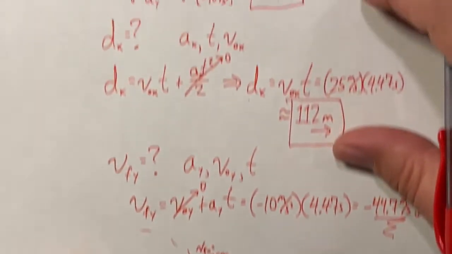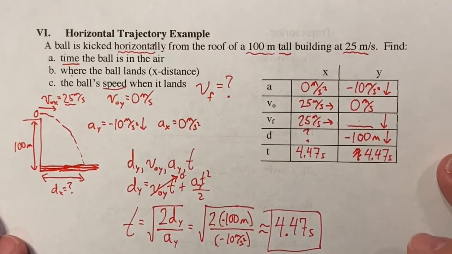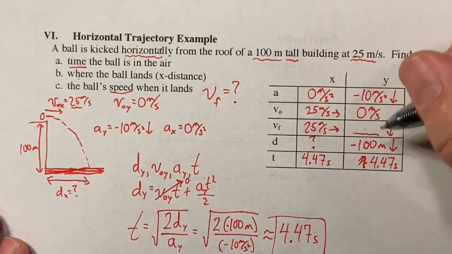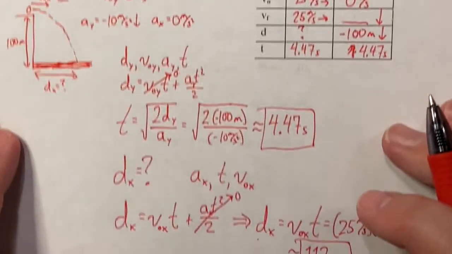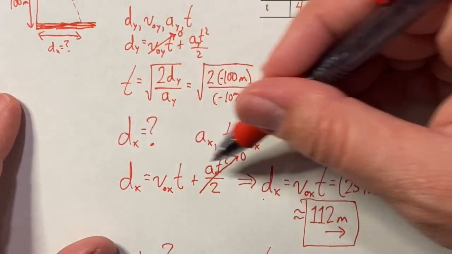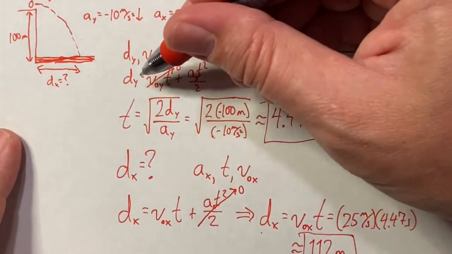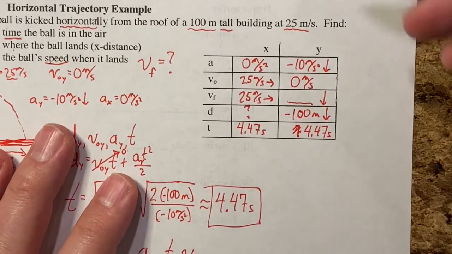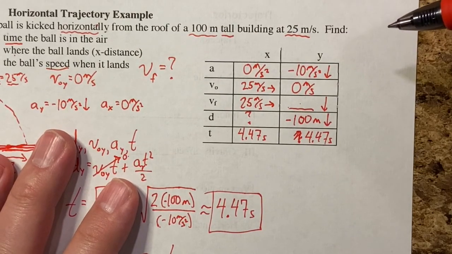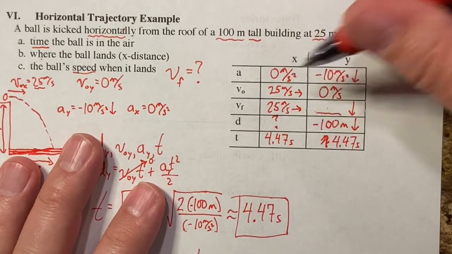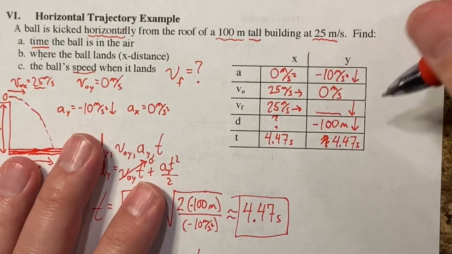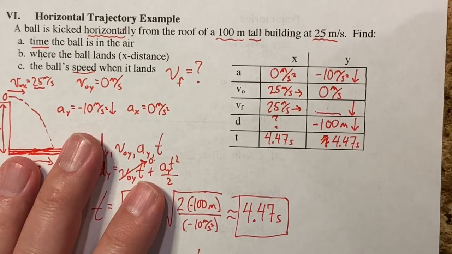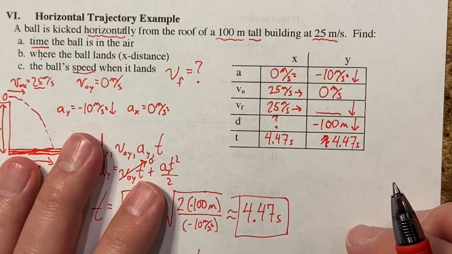Okay, so big picture, things to remember. We want to remember that all of our x and y variables, we need to keep them separate. We cannot mix and match. In our equations, they're either all x variables or all y variables. Second, we want to remember that for any object that is in free fall, the x acceleration is 0 and the y acceleration is 9.8 meters per second squared down, or for our calculation purposes, negative 10 to make it easy.